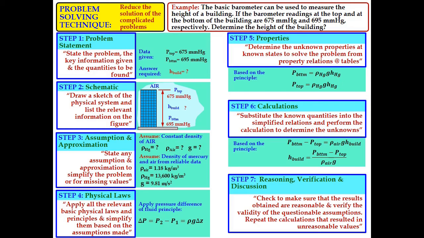If the solution and the answer are reasonable, we can accept the answer, and the solution is completed. But if the answer is not logical or unreasonable, we need to recheck and recalculate the solution. That's the 7th step in our problem solving technique.